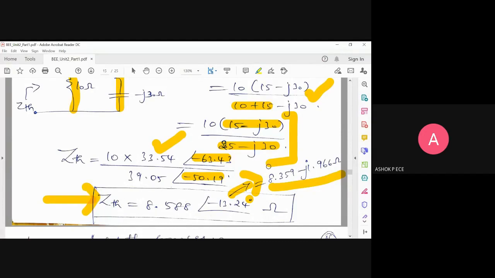If you find the complex format, find the polar and write it side by side so that you can use it as and when required. So please check whether the answer you get is what is on the screen: 8.588 angle minus 13.24 degrees.